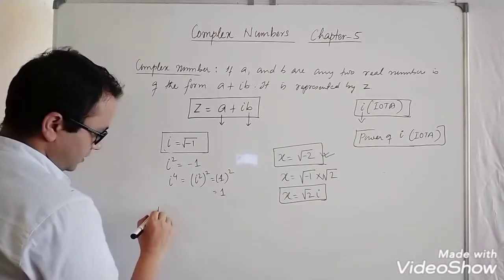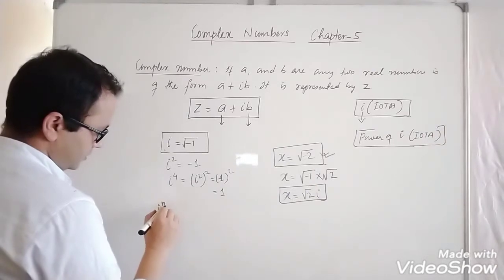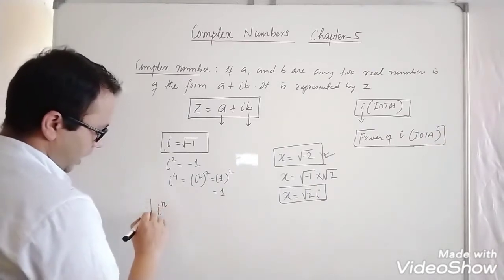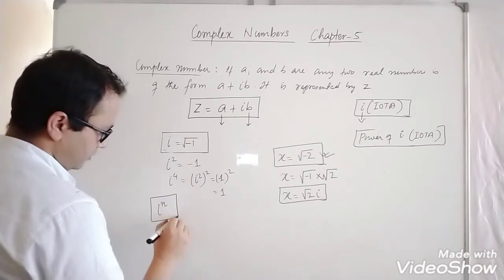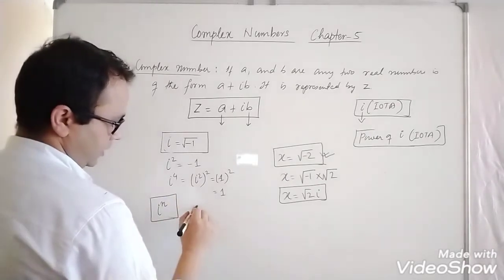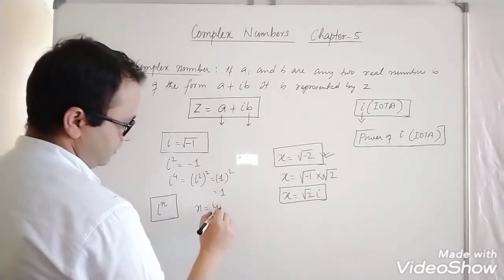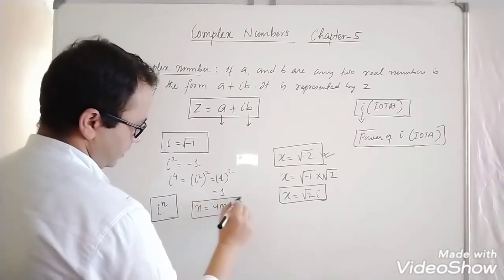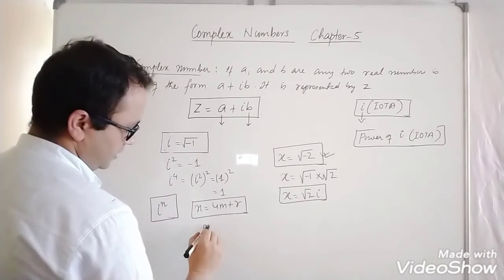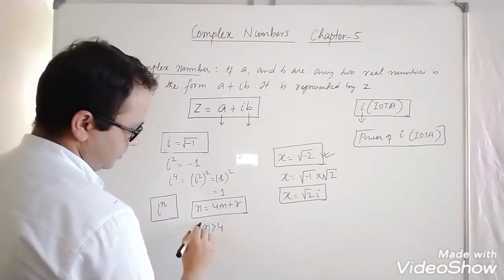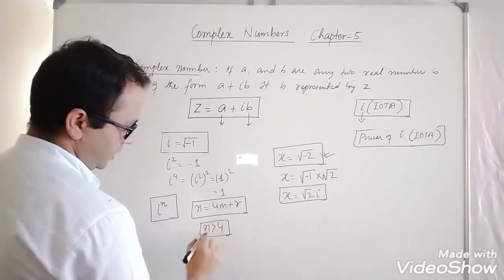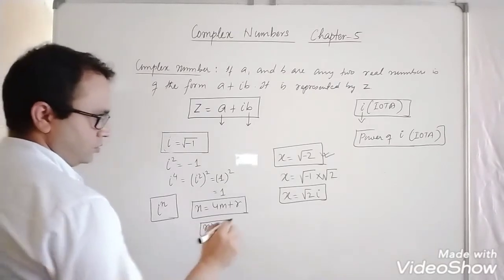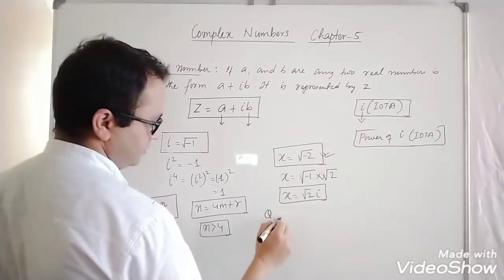So in general, i to the power n, where n is 4m plus r. Here n should be greater than 4, because if you divide n by 4, you will get the quotient and the remainder.